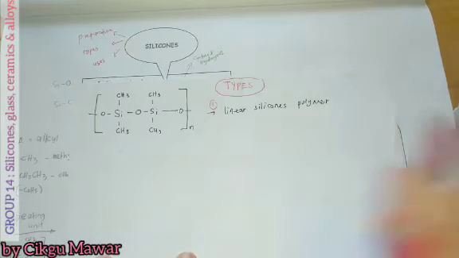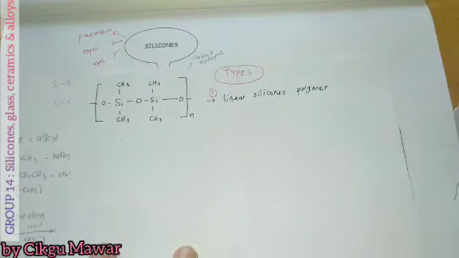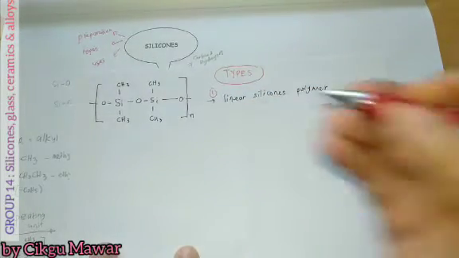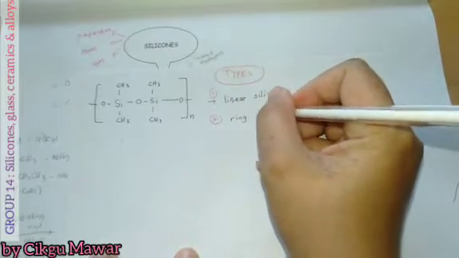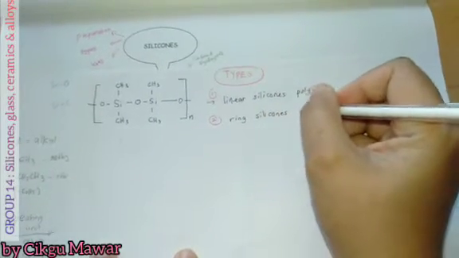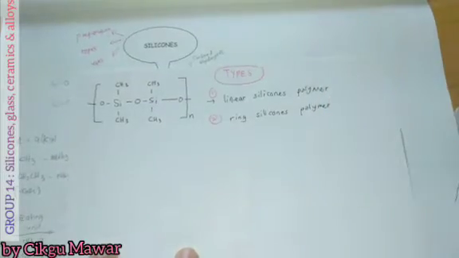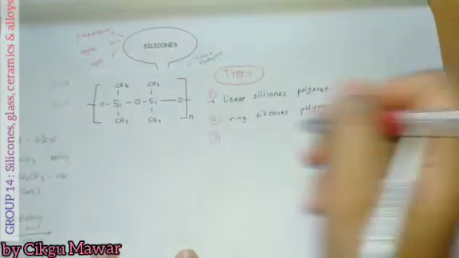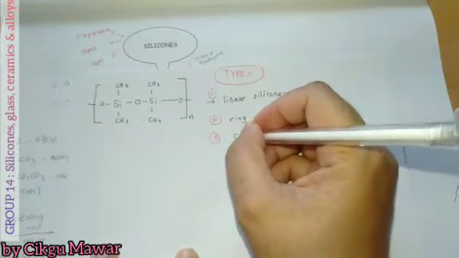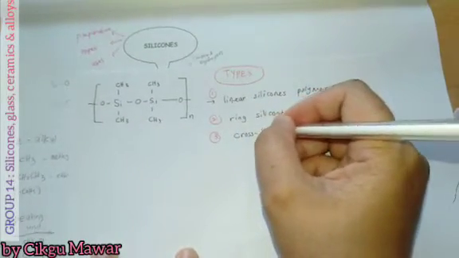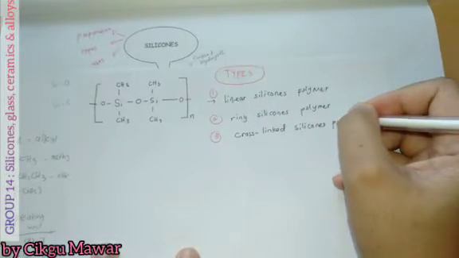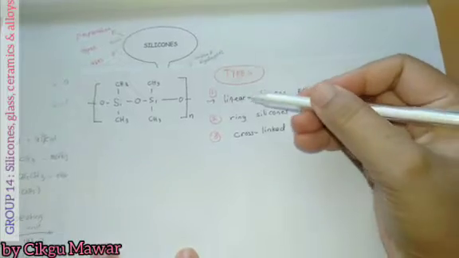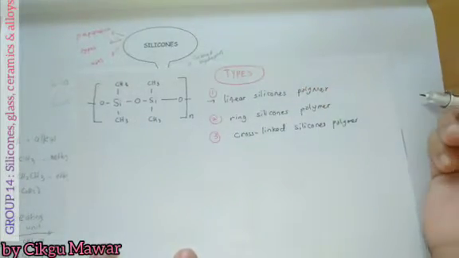The second one is ring silicone polymer, and the third one is cross-link silicone polymer. So I just want to focus on the linear and the cross-link silicone polymers only.